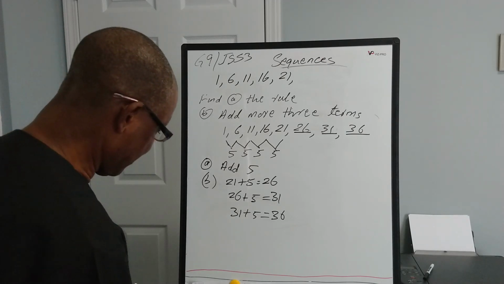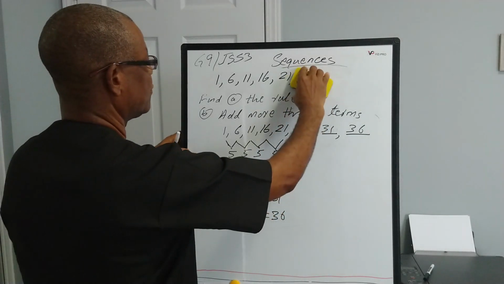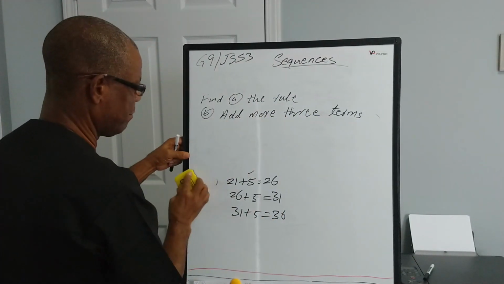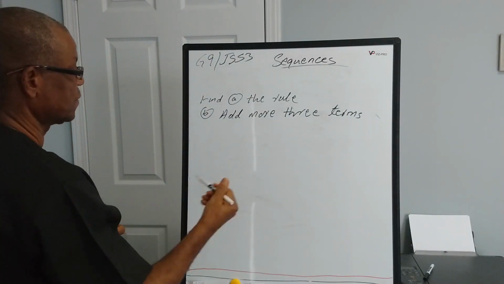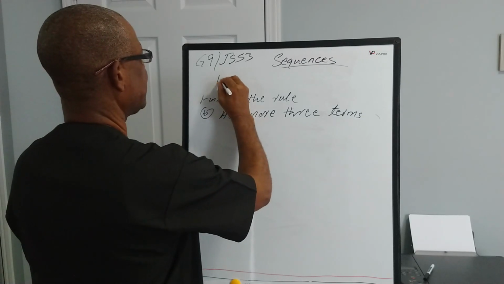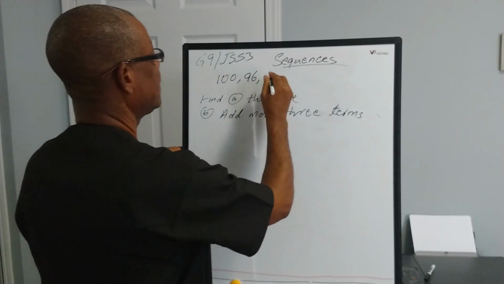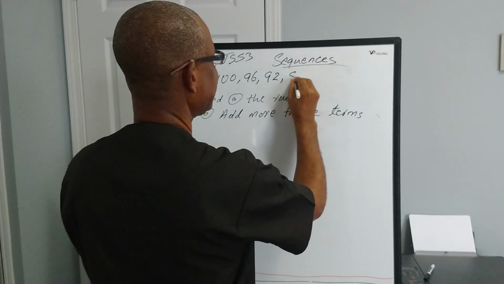We may as well have another one where we are expected to find the rule and also add more 3 terms. Let's have 100, 96, 92, 88.